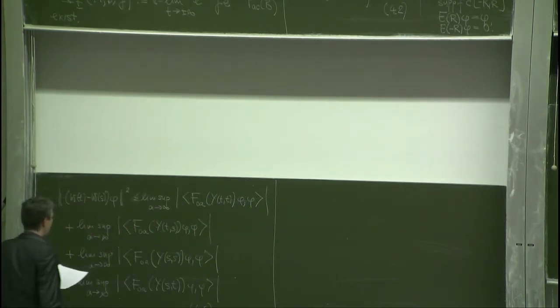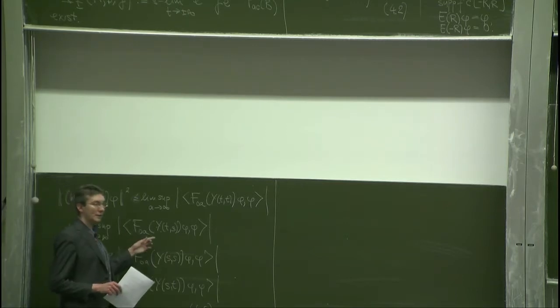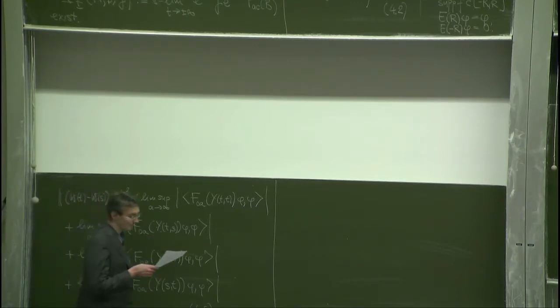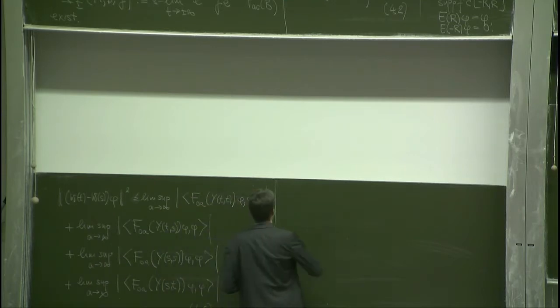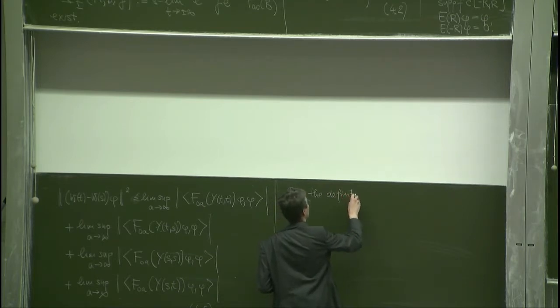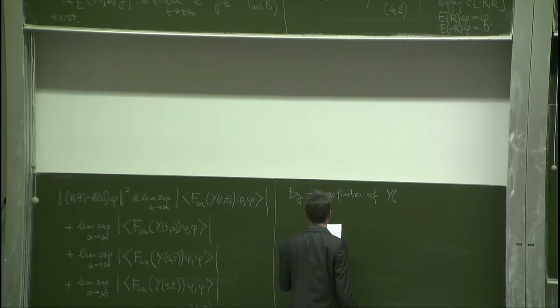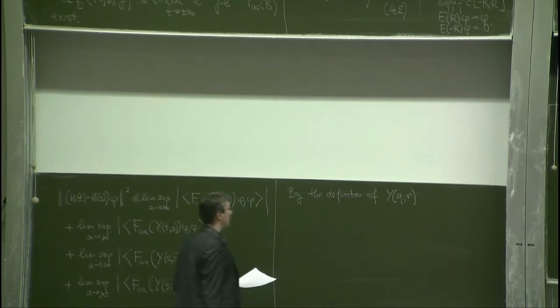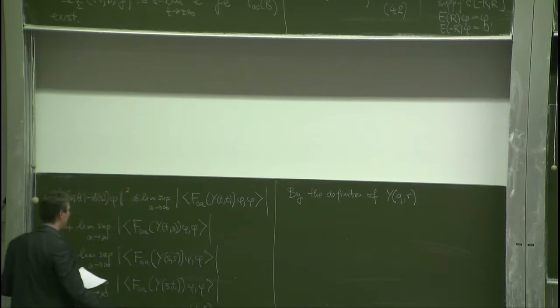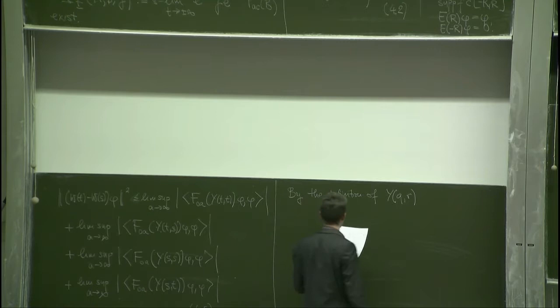Okay, now we should go back to the definition of this y to continue here. By the definition of y, and now I write it down in the variables q and r in order to avoid confusion with the s and the t here. I take new variables here.